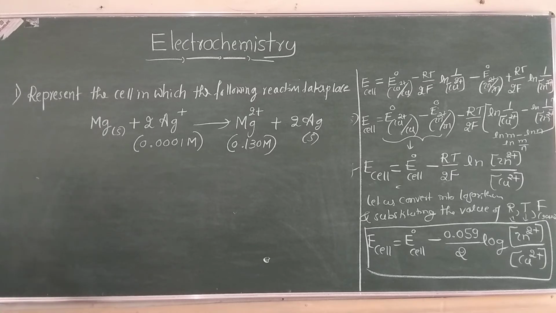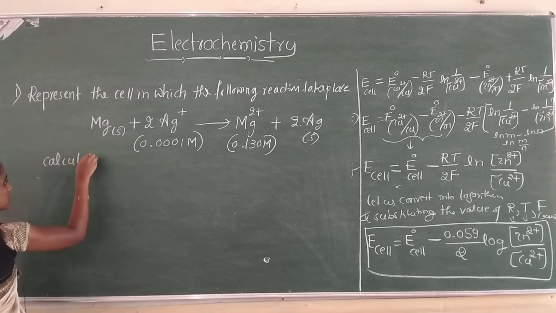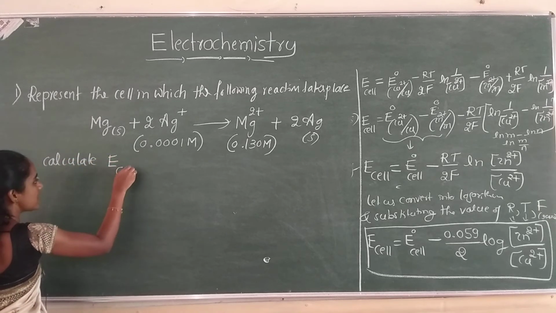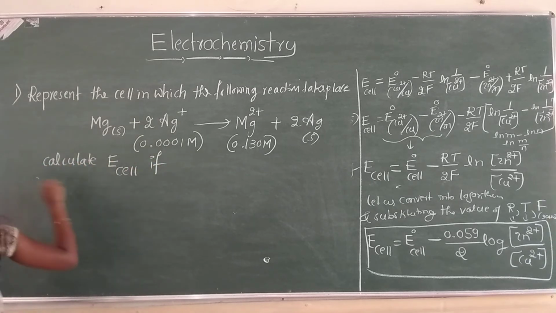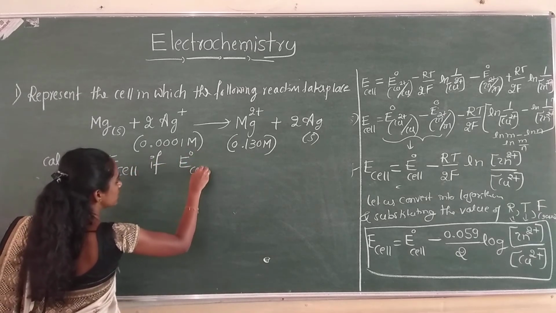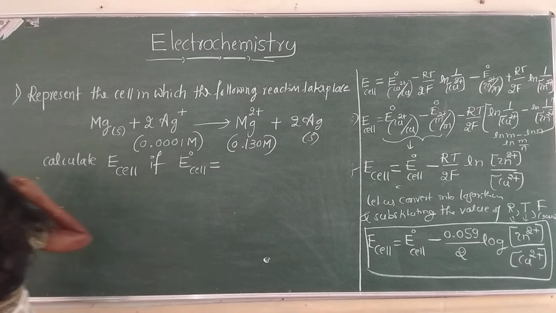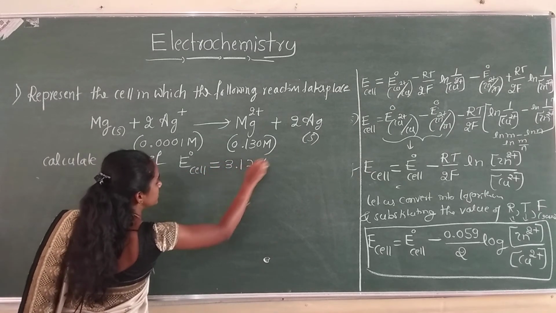And also one more question: calculate the E cell potential, if E0 cell, the standard electrode potential, that is the standard EMF, is given as 3.17 volt.